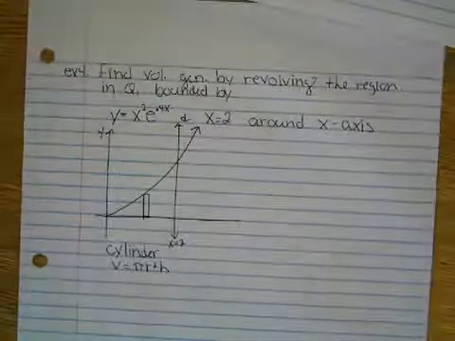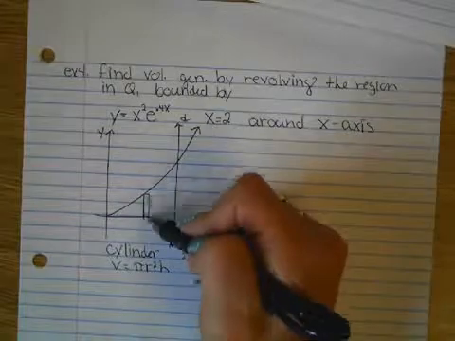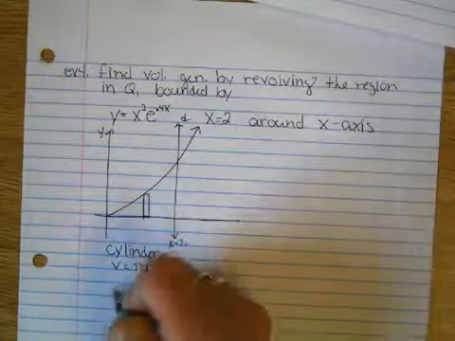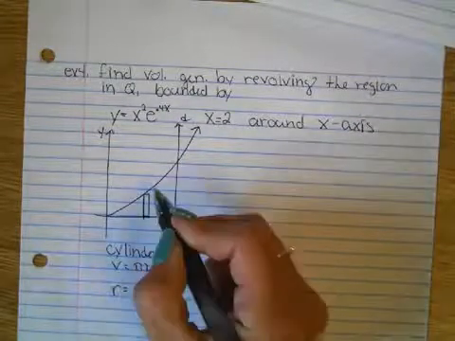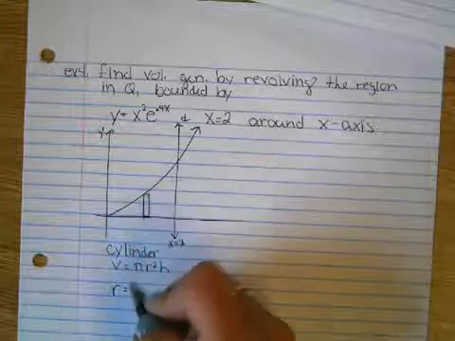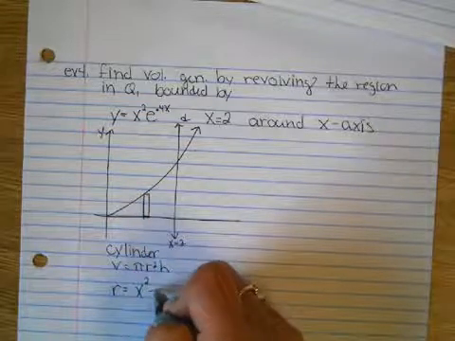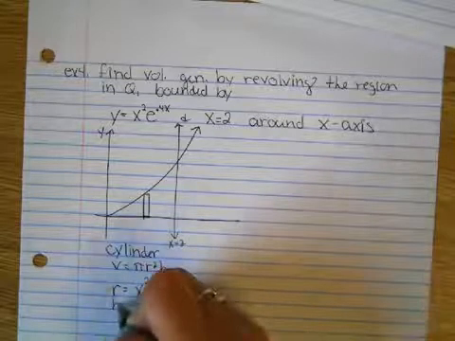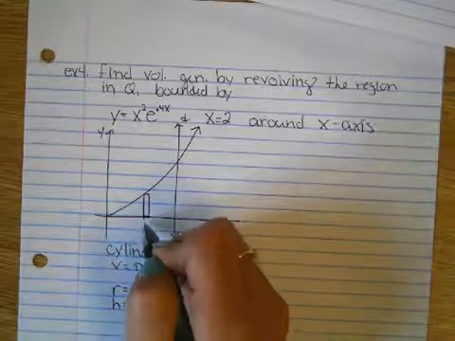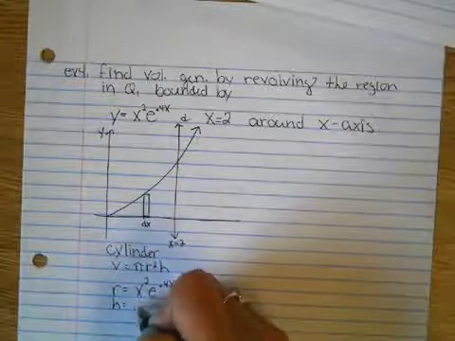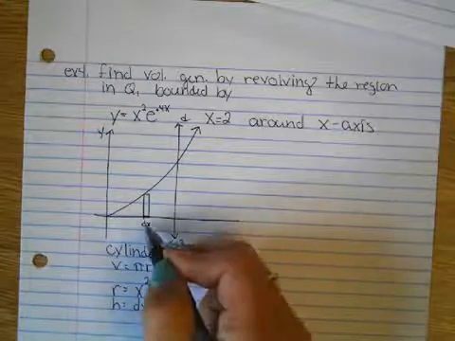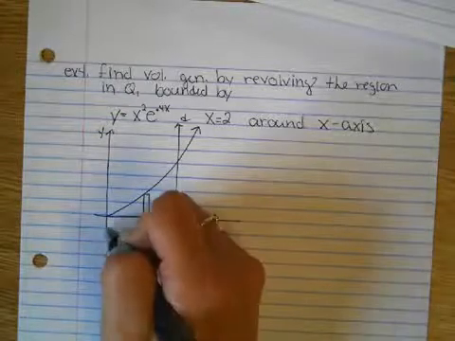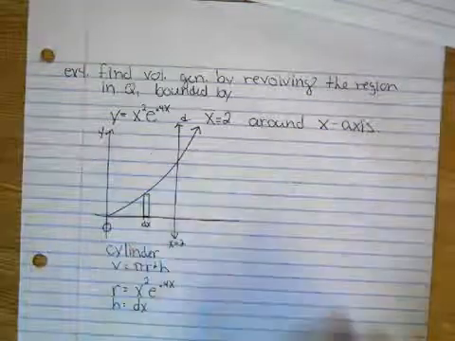So our radius is the height of the rectangle, so our radius is given by the curve x squared e to the 0.4x, and our height is the dx, and our boundaries will be in x values, so 0 to 2.